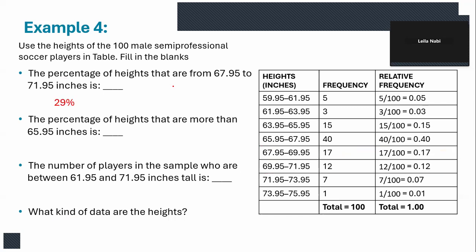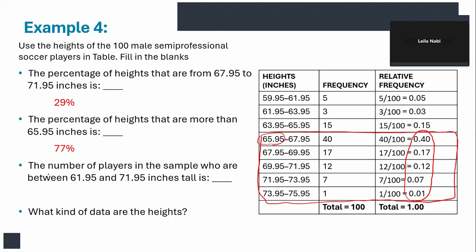Next question is finding the percentage of the heights that are more than 65.95. More than 65.95, that means starting from this class all the way to the last class, all of these classes together. And if I keep adding the relative frequencies, all these numbers together, and multiply by 100, it gives me 77%.